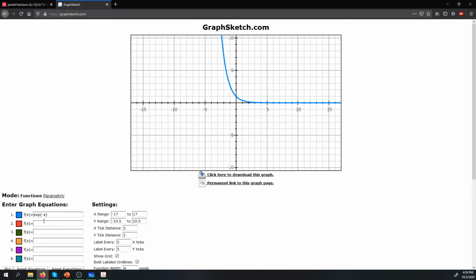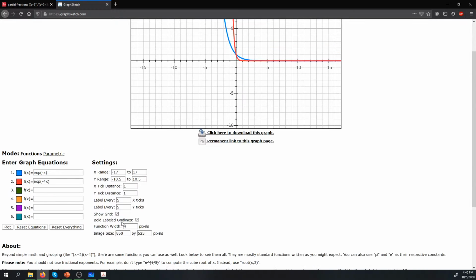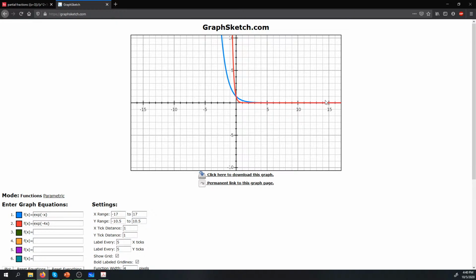Well, let's say in this case it's going to be minus t. And we have exponent of minus 4x here. And we basically see as t tends towards infinity, we basically just approach a value of 0.